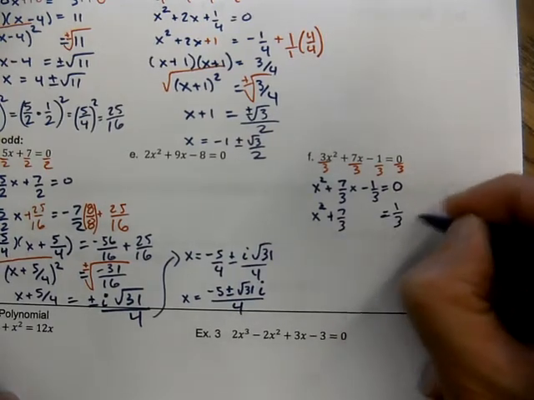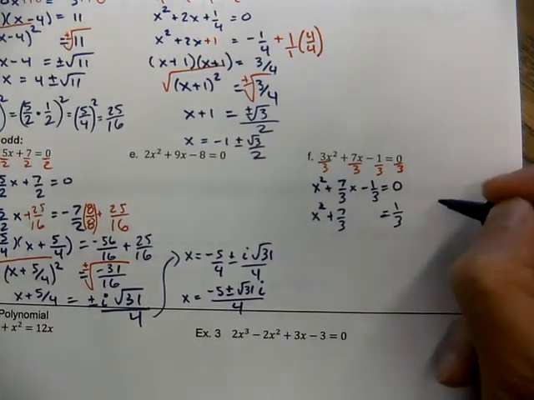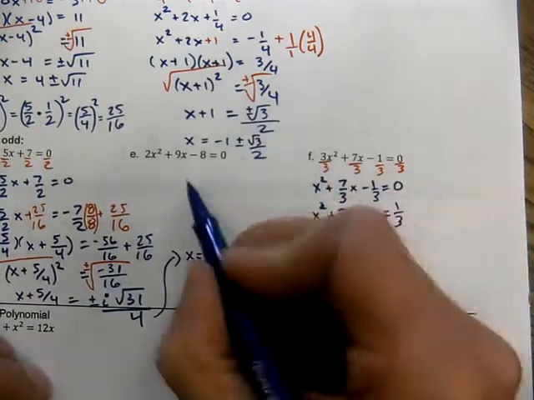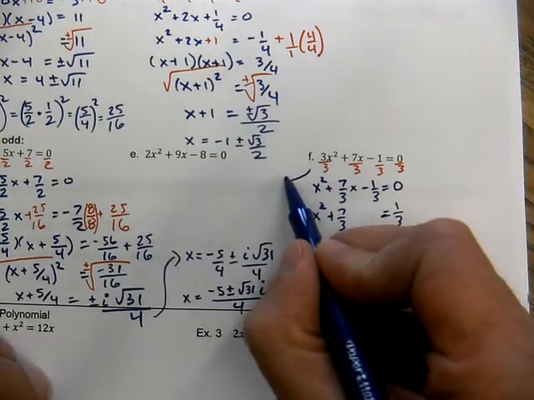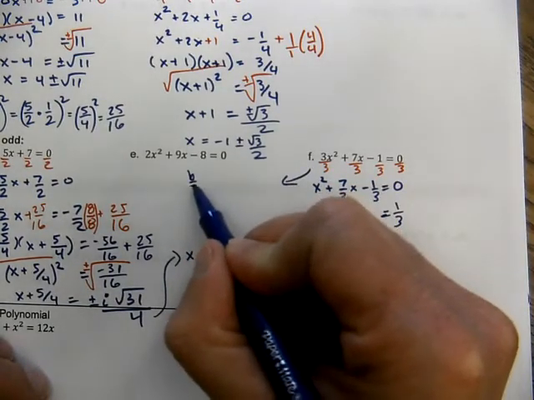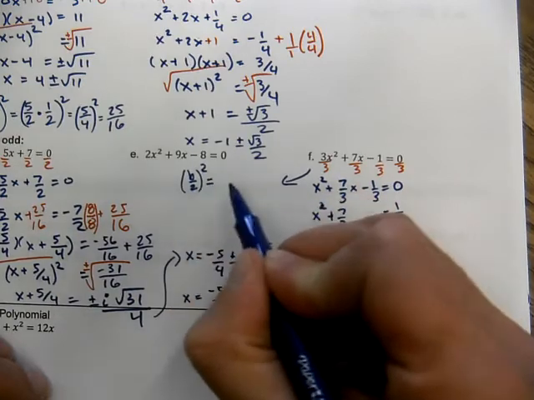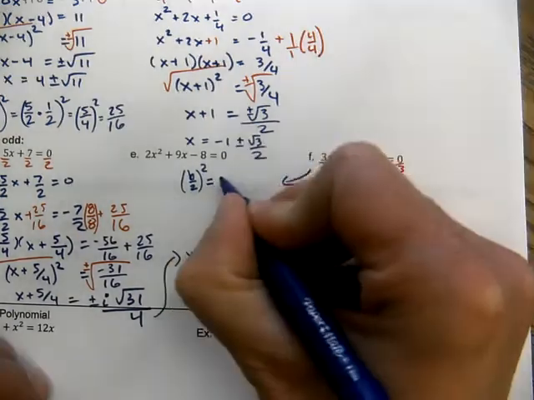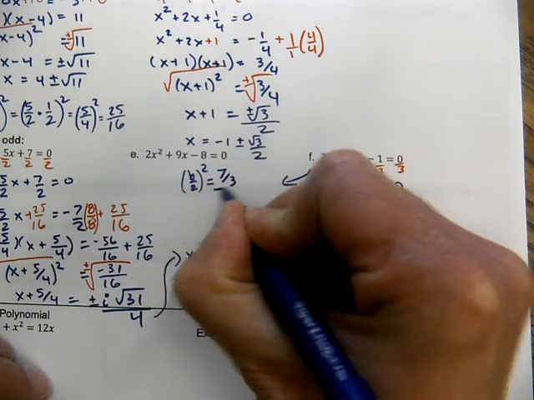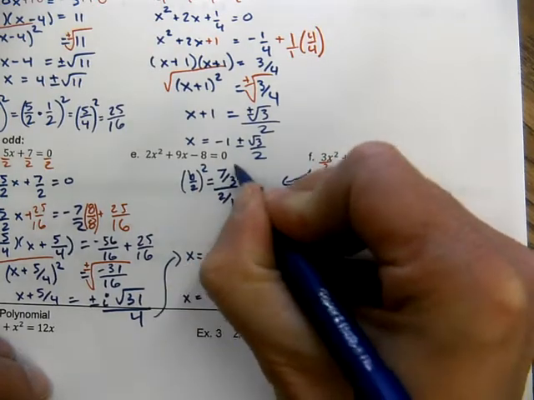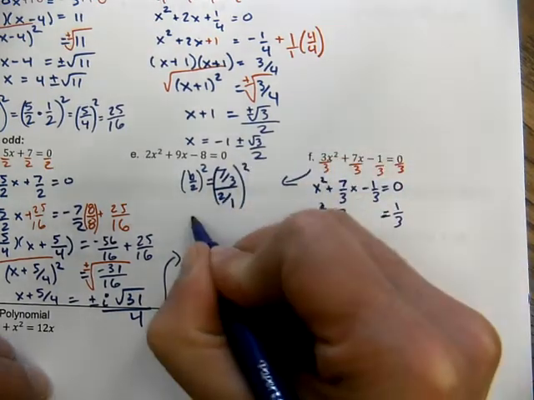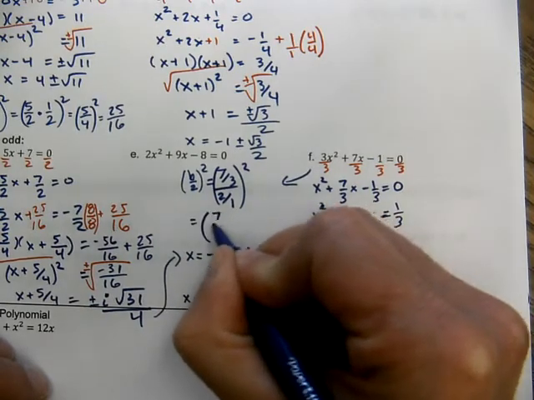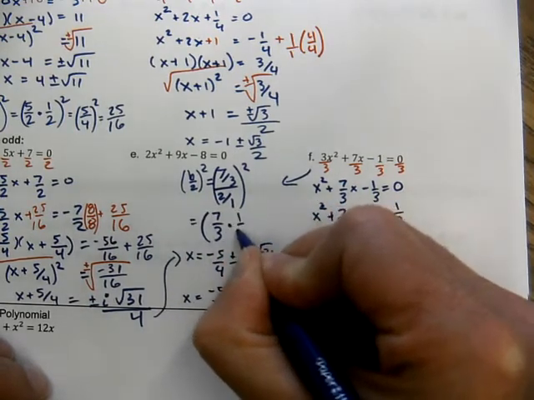So now we have to figure out what to add to both sides. So I'm using my thinking space right over here. I want that b over 2 quantity squared. And so my value b is the 7/3. So we have 7/3 over 2 over 1. All of that has to be squared. So we want to set this up as 7/3 times the reciprocal of 2.